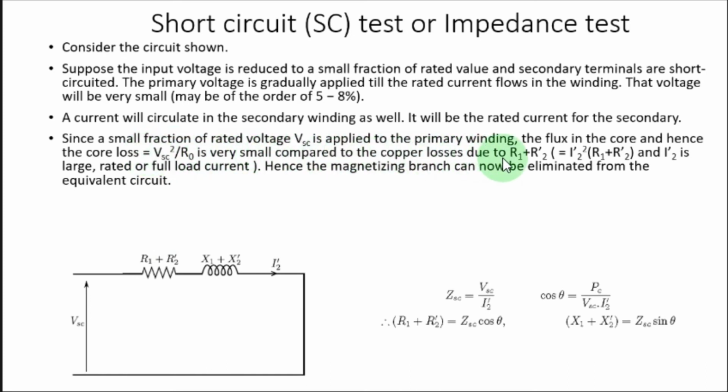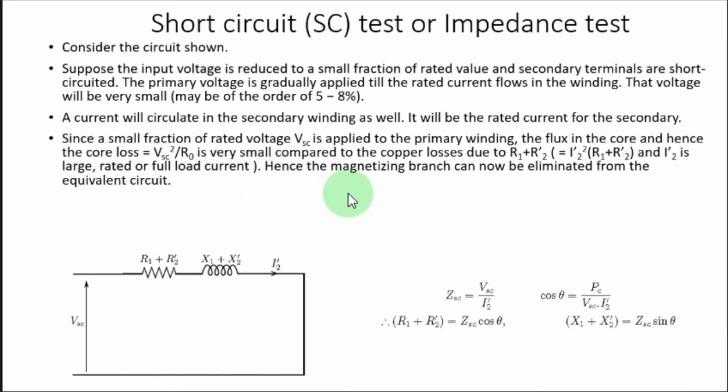Copper losses due to R1 and R2 dash, so it is basically I2 dash squared times R1 plus R2 dash, right? And I2 dash is large. It is actually the rated full load current.